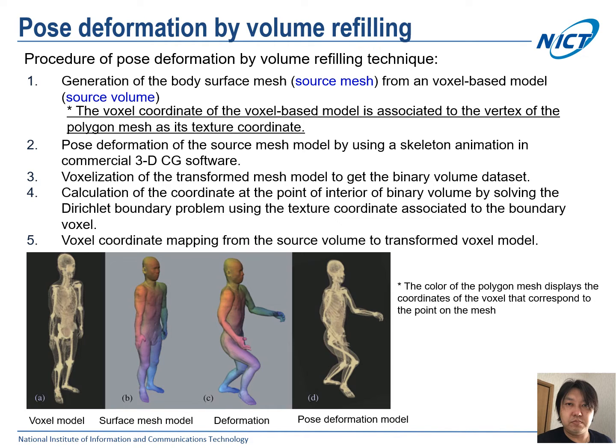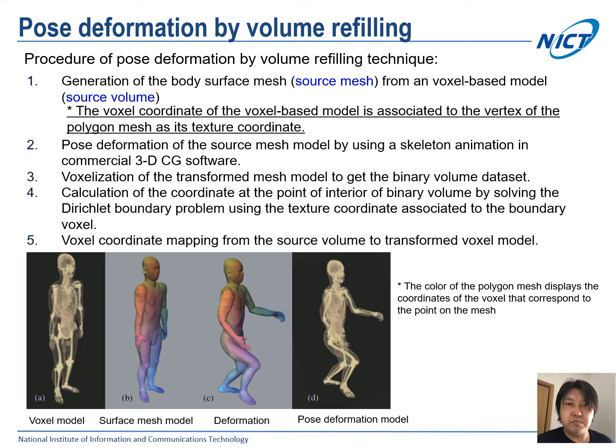Next, the posture of the source mesh model is transformed by using a skeleton animation in commercial 3D CG software. And then, the transformed mesh model is voxelized to get the binary volume data set.